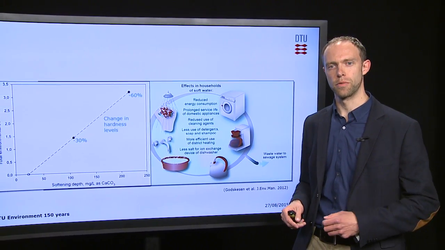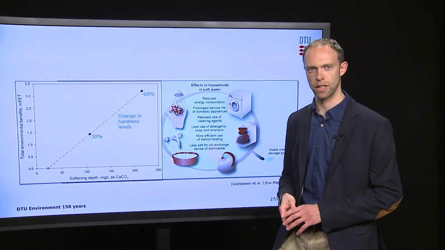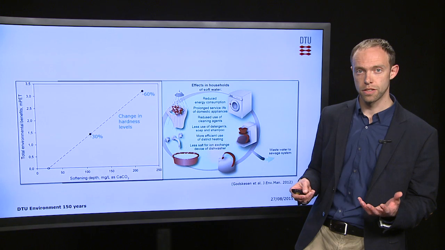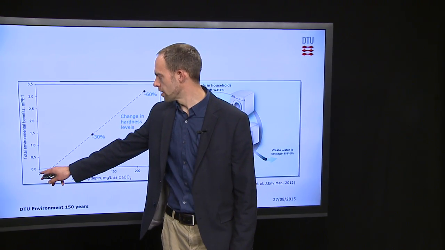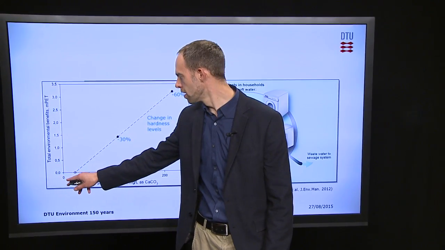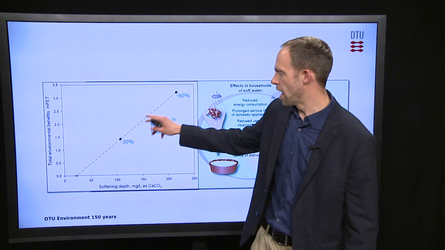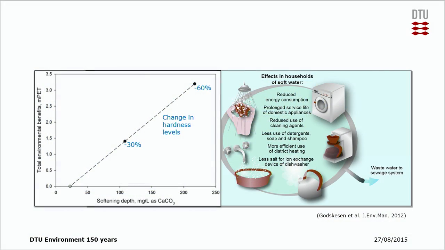We can reduce the amount of soap needed, we can prolong the lifetime of appliances, and reduce the energy consumption in the households. And this actually shows that even though we have an extra environmental burden from the increased treatment, we have an environmental benefit already with a very slight reduction in hardness levels in the drinking water.